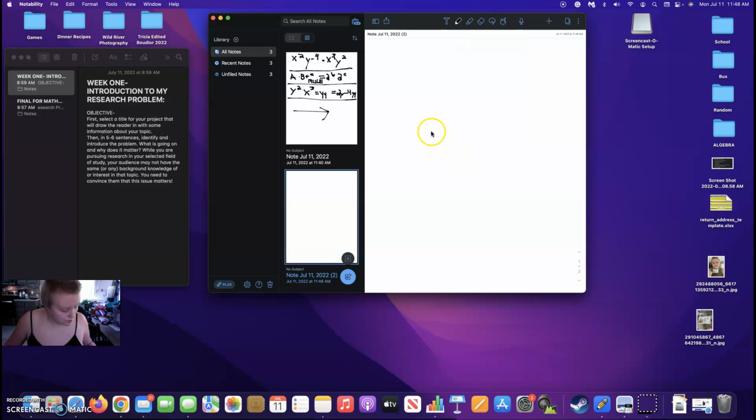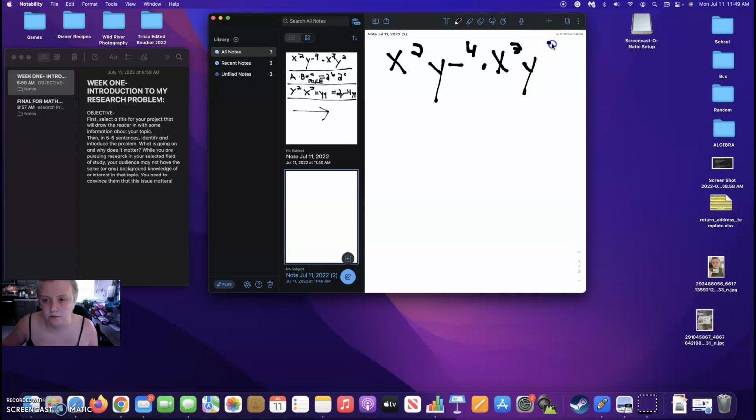perfect. Okay, so now when I did it out, I have x squared, y to the fourth minus y squared times x to the third. And then basically I simplified it down. I said, okay, I'm going to take x to the second, drop it down because I can keep that the same.